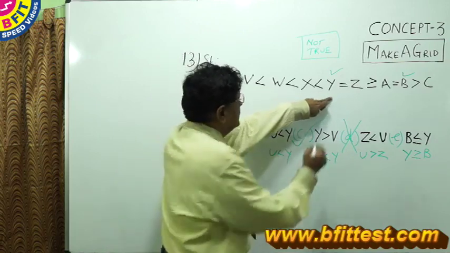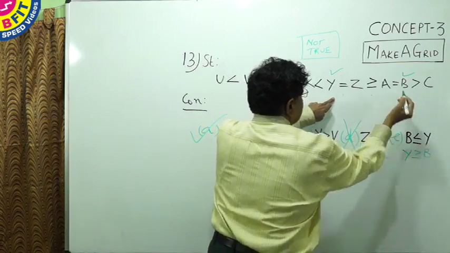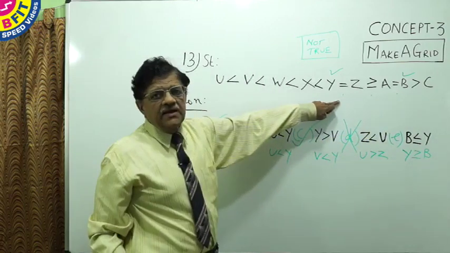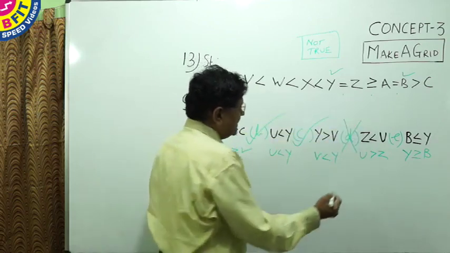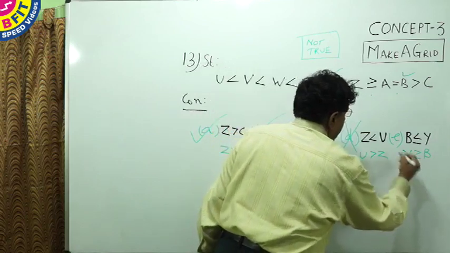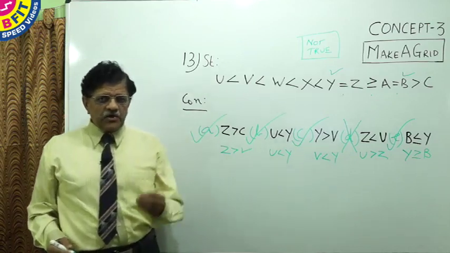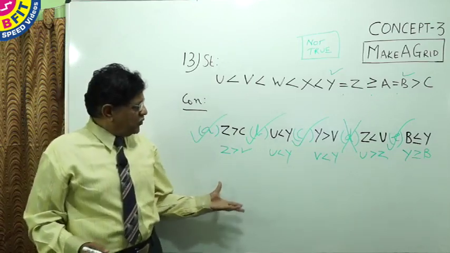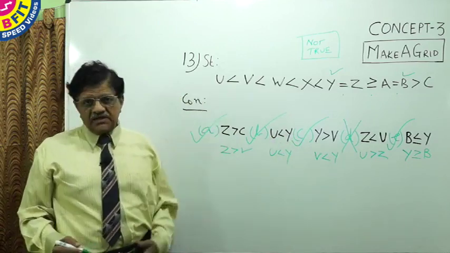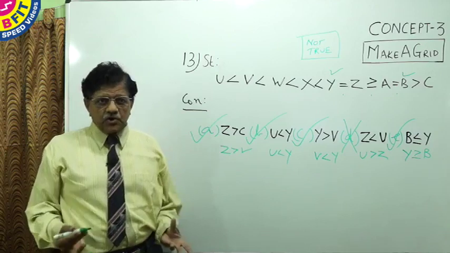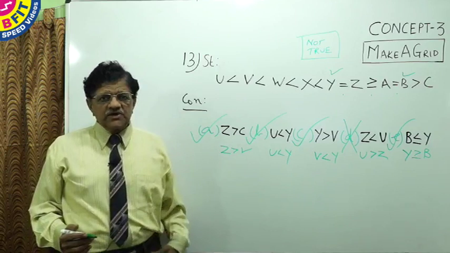Between B and Y: is equal to, greater than or is equal to, and is equal to. Between the three, greater than or is equal to has higher priority, therefore Y greater than or equal to B is also true. So we have verified the 5 conclusions. Out of the 5, only conclusion D is not true. And in the question, we are asked to find the conclusion which is not true. Therefore option D, Z is less than U, is the only conclusion which is not true.